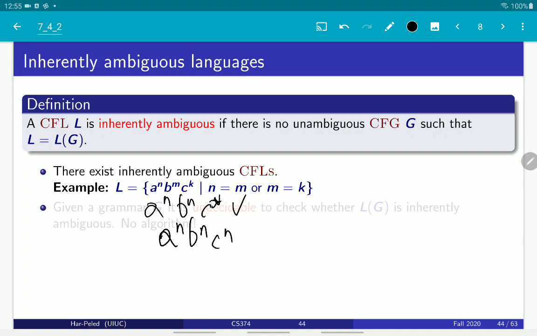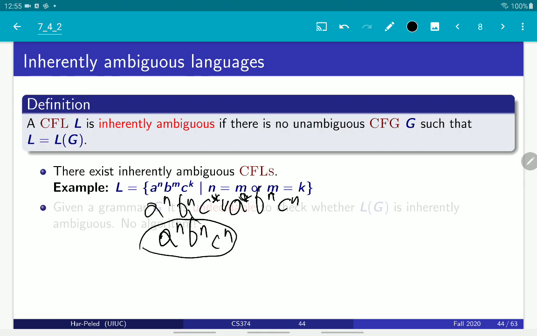Alternatively, we take the union with a* b^n c^n, and this also generates a^n b^n c^n. So you either generate it with the first part or the second part, and you cannot decide which one it is.